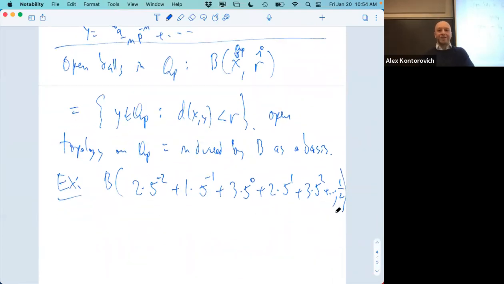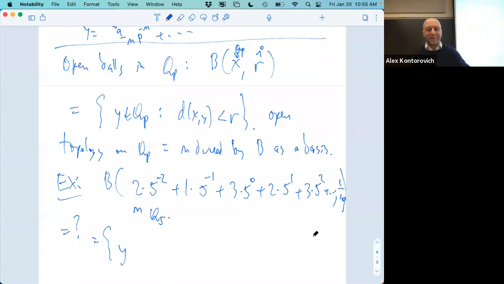Describe for me, please. Let's make it a little bit more interesting. Radius a tenth. What is the radius 1/10 ball around this point in Q_5? Which y's, what does y in Q_p have to look like so that its distance to this point is less than a tenth?